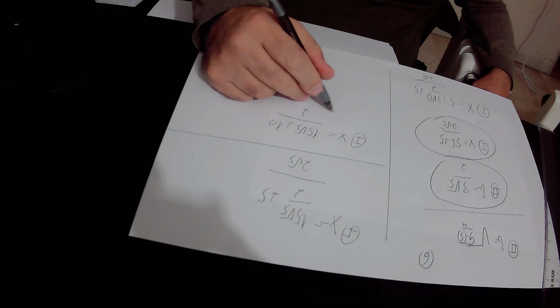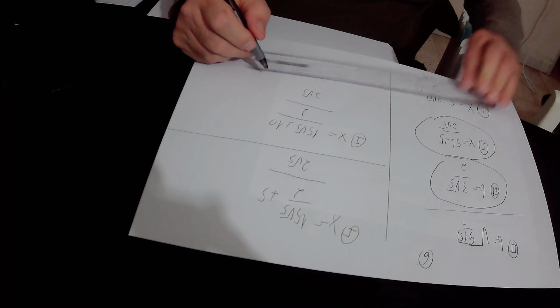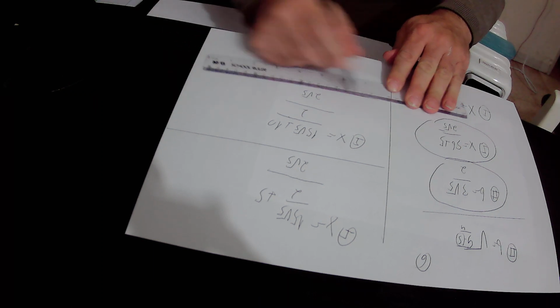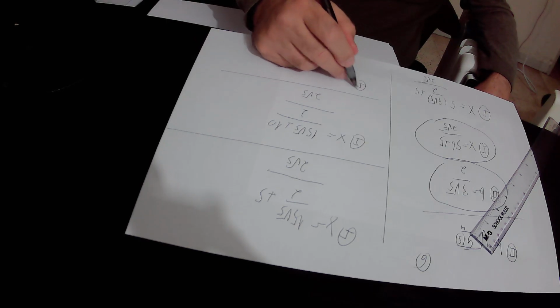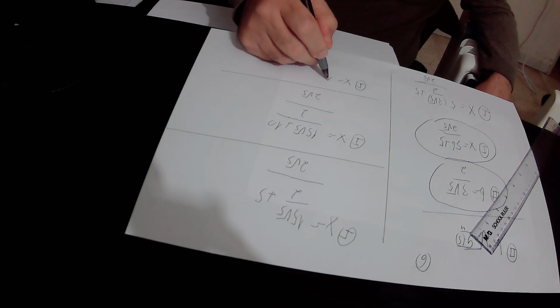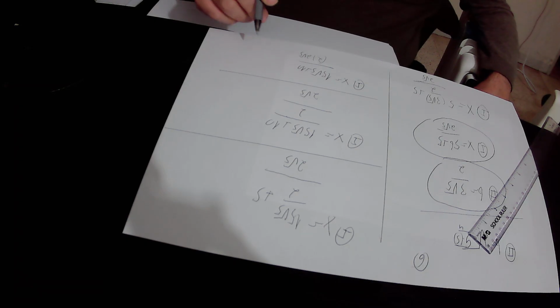All divided by 2 times square root of 5. Here we move 2 times square root of 5 to the denominator, and we get that x equals 15 times square root of 5 plus 10 over 2 times square root of 5.